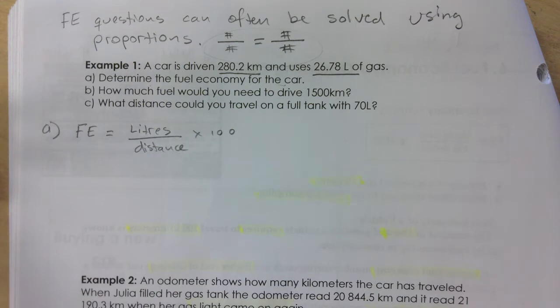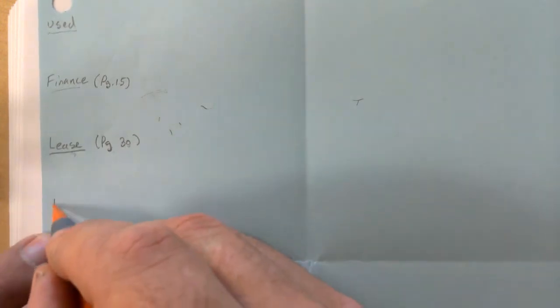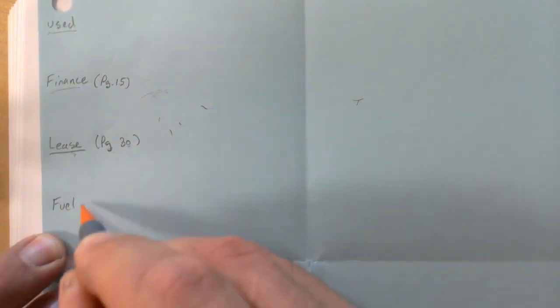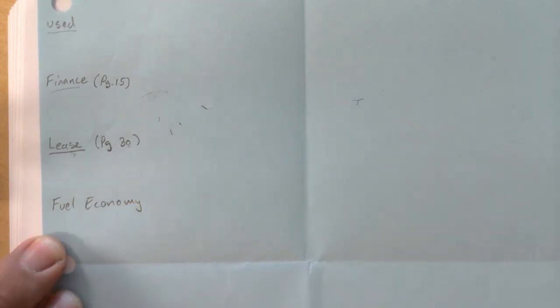Okay, so if you have a blue study sheet, where's mine? So just giving you, right, there's new, used, finance, lease, and then you should have a fuel economy, right? Fuel economy does not use up a whole lot of room, so try to make it nice and small, right, so that it fits.